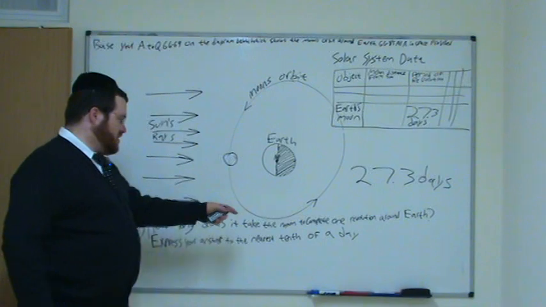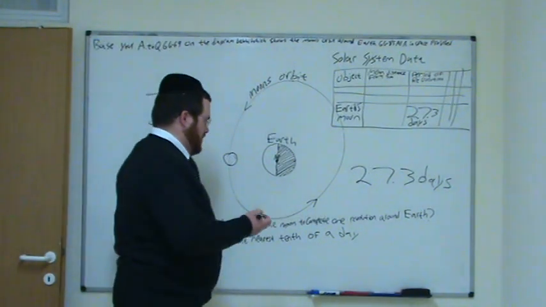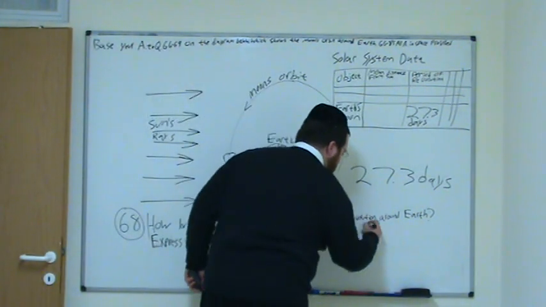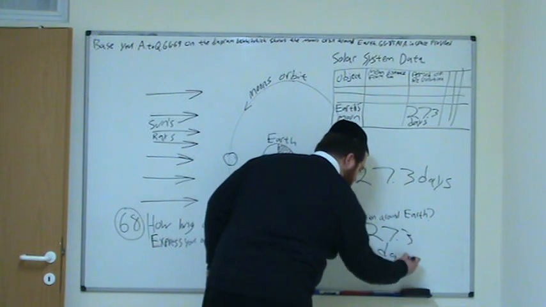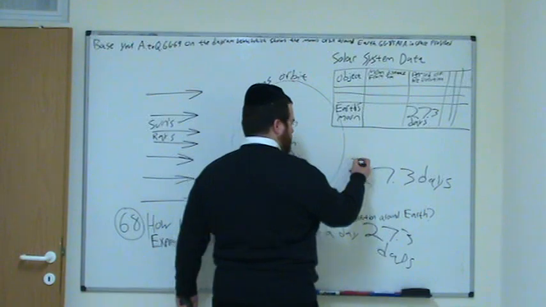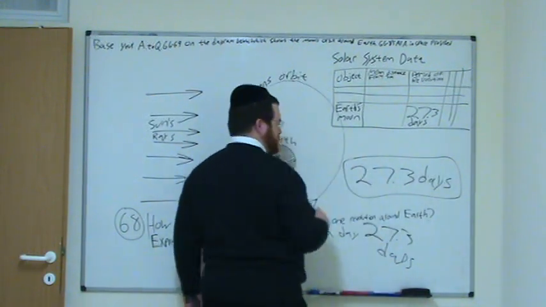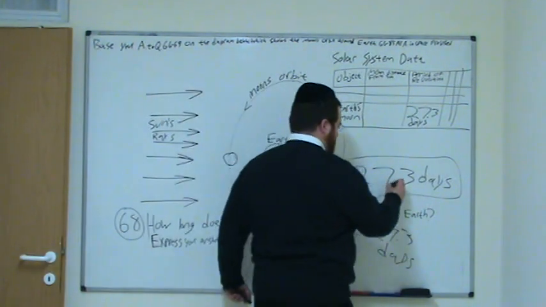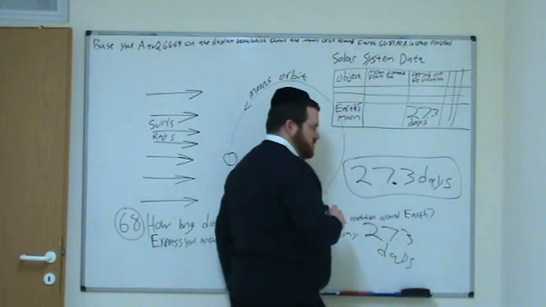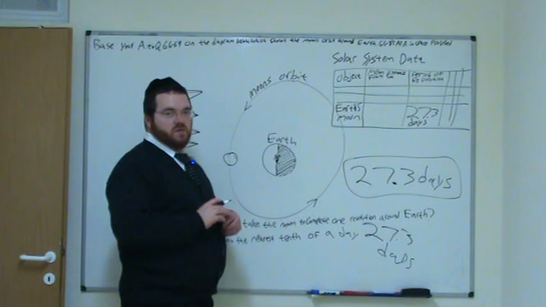So to the nearest tenth of a day is very easy. 27.3 days. So you can just circle this answer over here. 27.3 days. Make sure that they see that decimal point, so they shouldn't think that's 273 days.